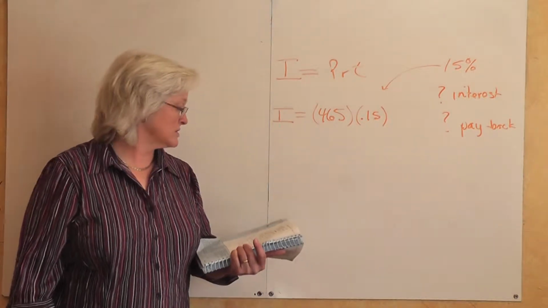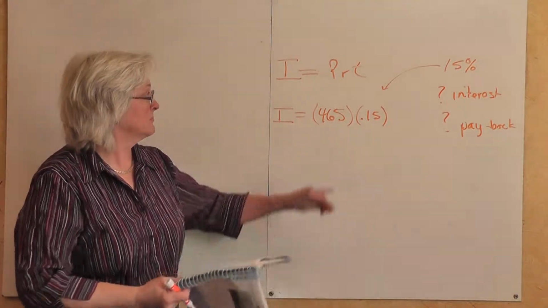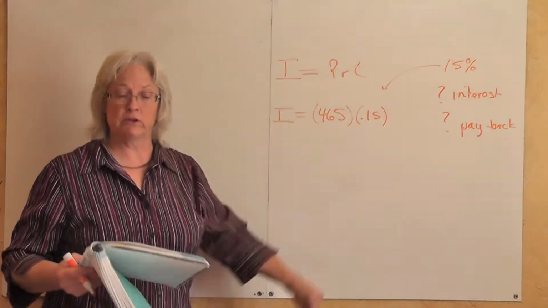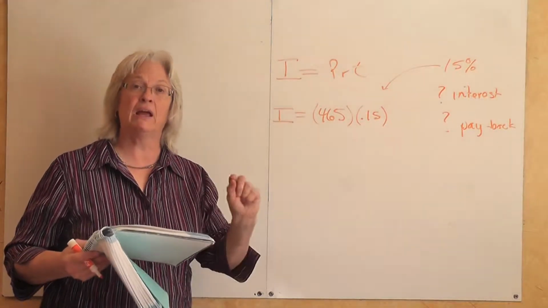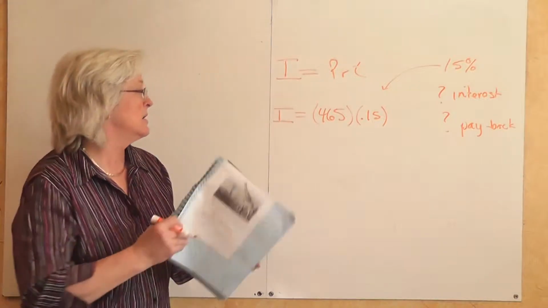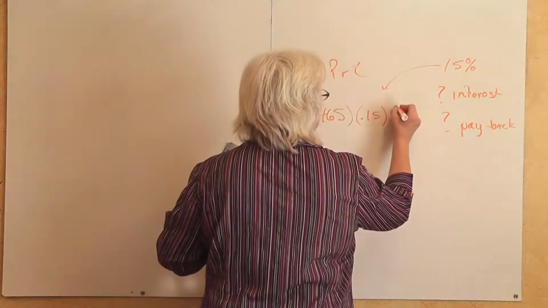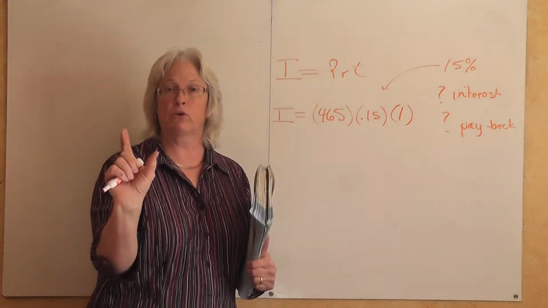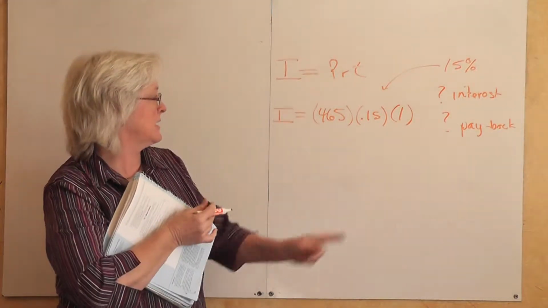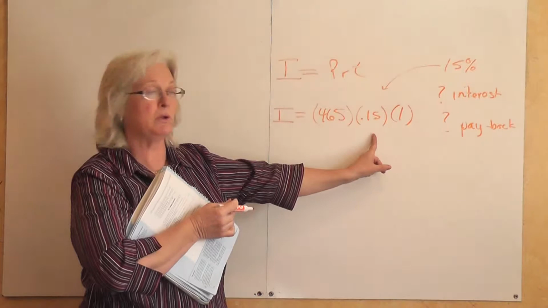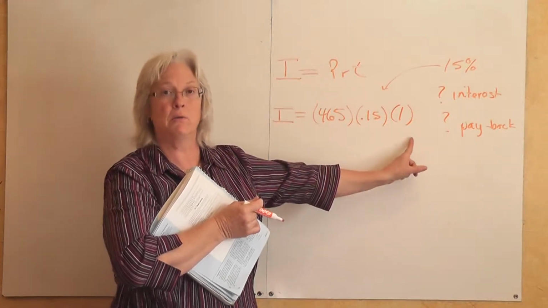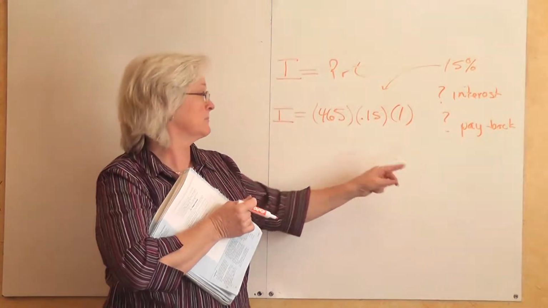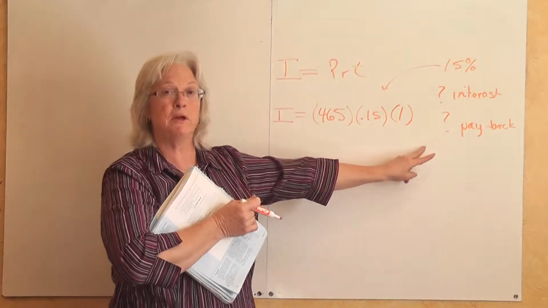And then how long is he going to borrow it? The time, he's going to borrow it for 1 year, and the rate of interest was 15% per year. So your units have to be the same. If the interest is per year, the time is per year. Okay? What is his interest going to be?